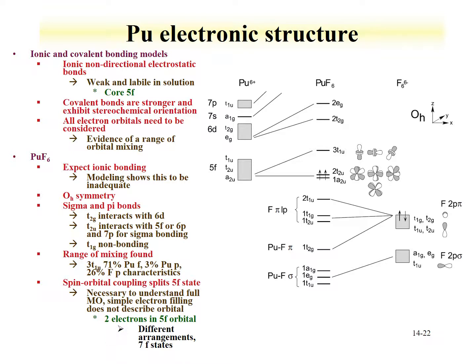There's a range of mixing, including the contribution of plutonium f and p, along with the p orbitals from the fluorine. The spin-orbit coupling splits the 5f state, and this is a necessary component to understand the molecular orbital and the resulting electronic orbital filling.